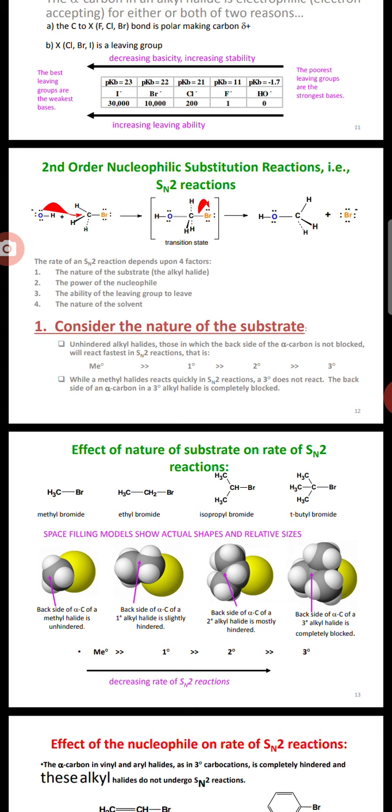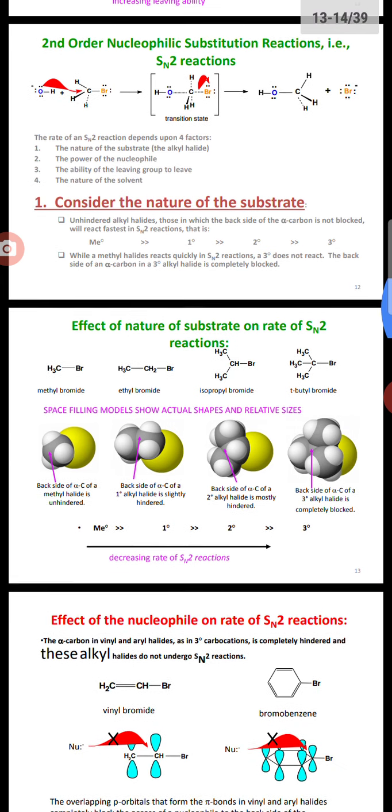The more substituents attached, the less reactive it will be. The least reactive are the tertiary, then the secondary are more reactive, the primary more reactive than that, and the most reactive is the methyl group.